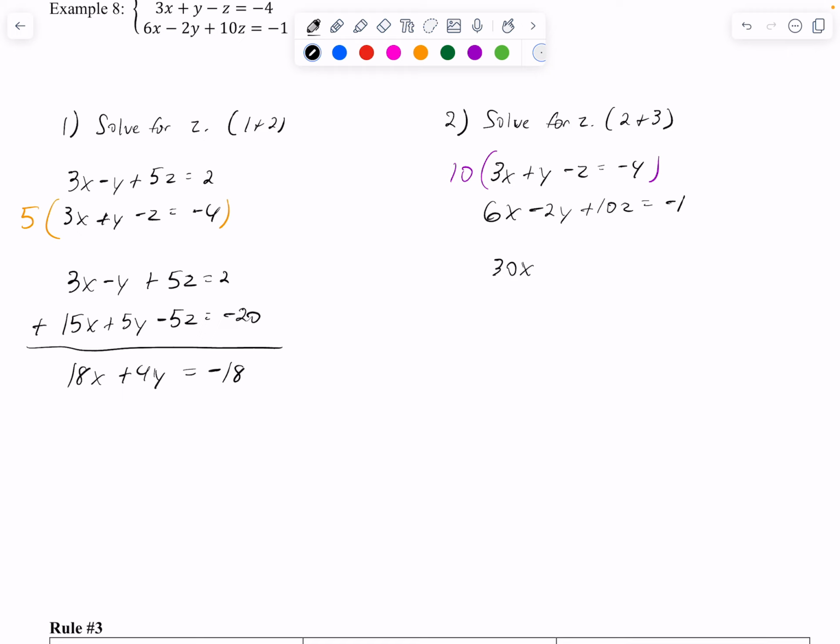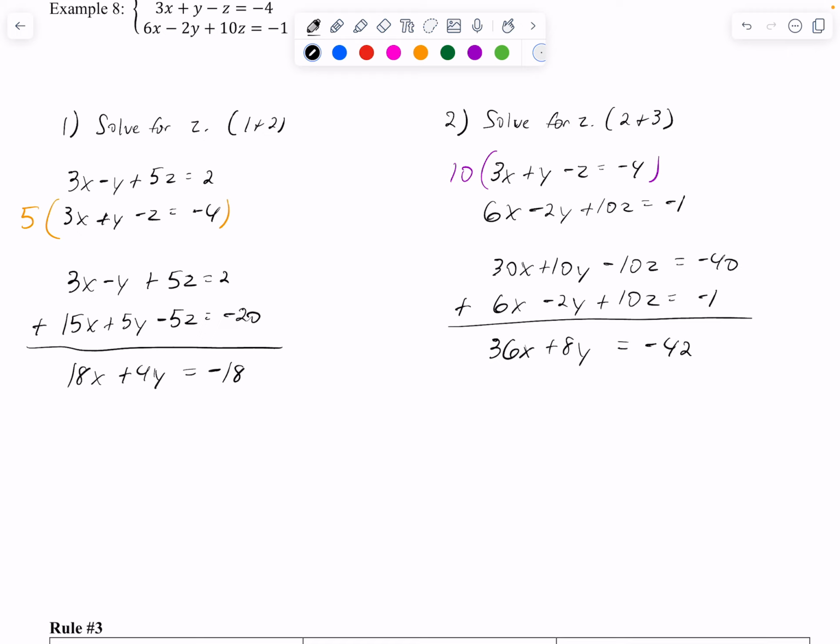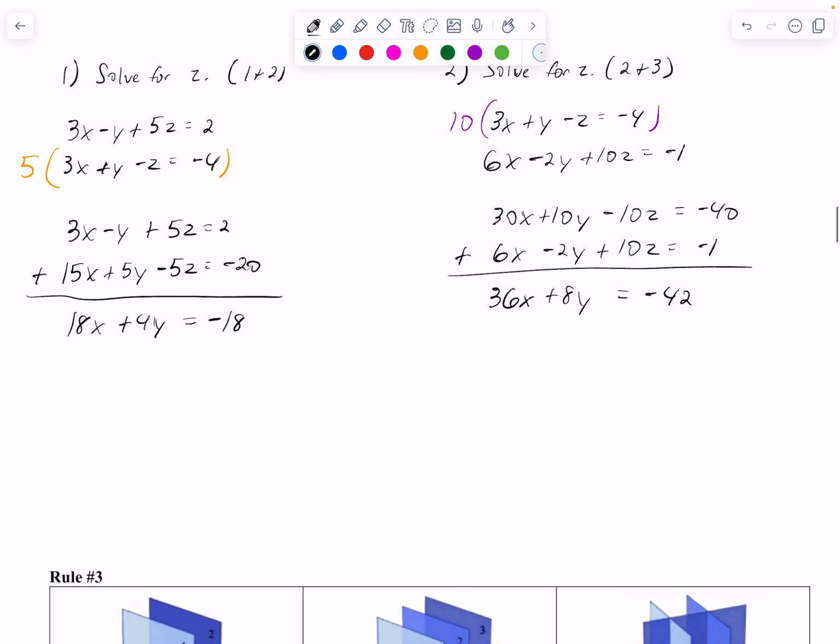So 30x plus 10y minus 10z equals negative 40. Copy down the second one. And I'm going to add to eliminate. So that's 36x plus 8y equals negative 42. All right. And then I'm going to put these together like you did before. So put it together, 18x plus 4y equals negative 18.